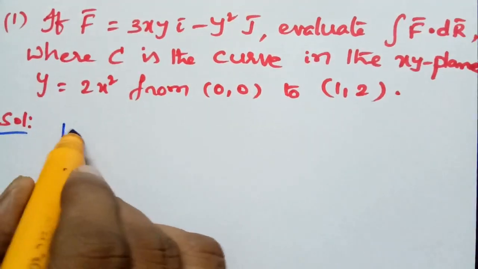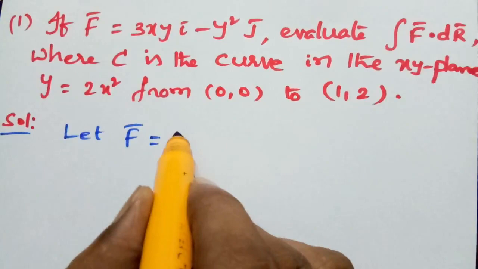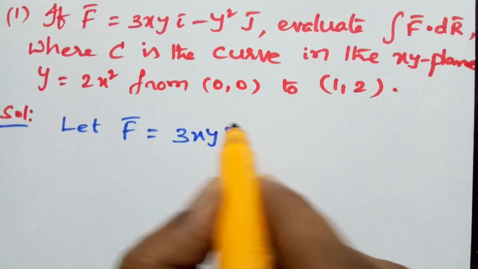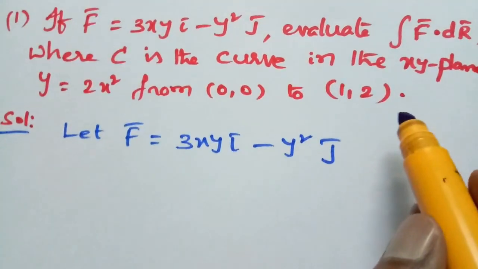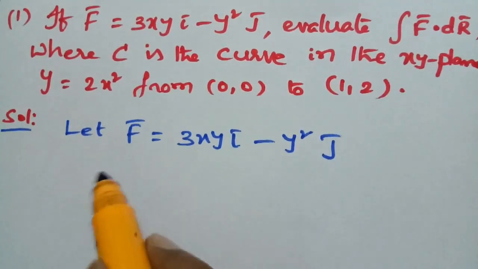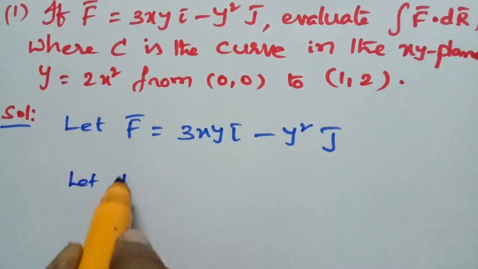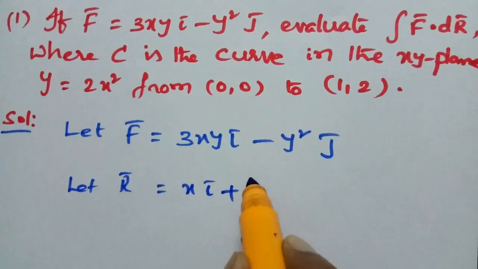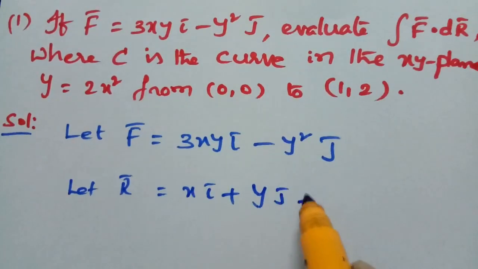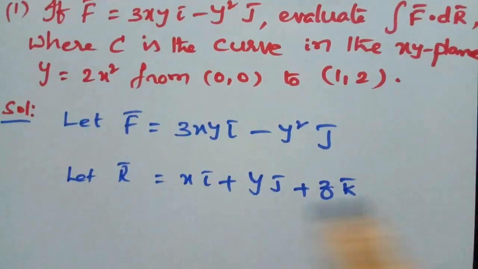Solution. Let f bar be the given vector, 3xy i bar minus y square j bar. Let r bar be the position vector, xi bar plus yj bar plus zk bar.